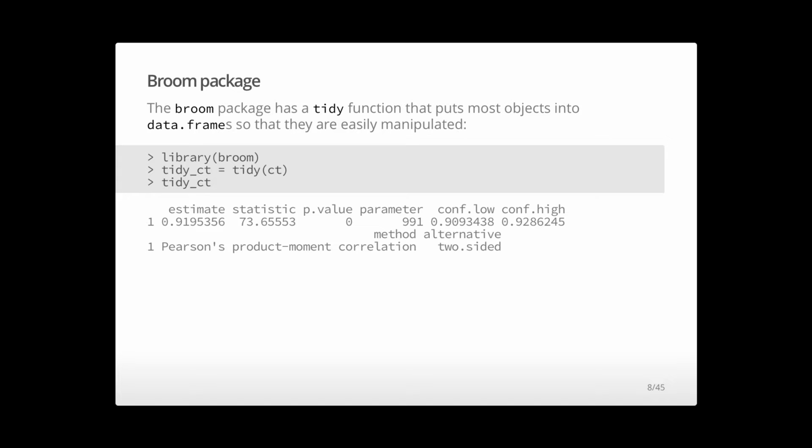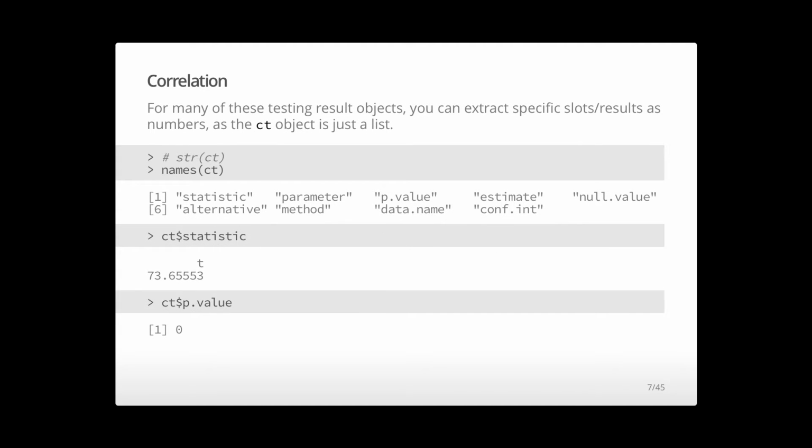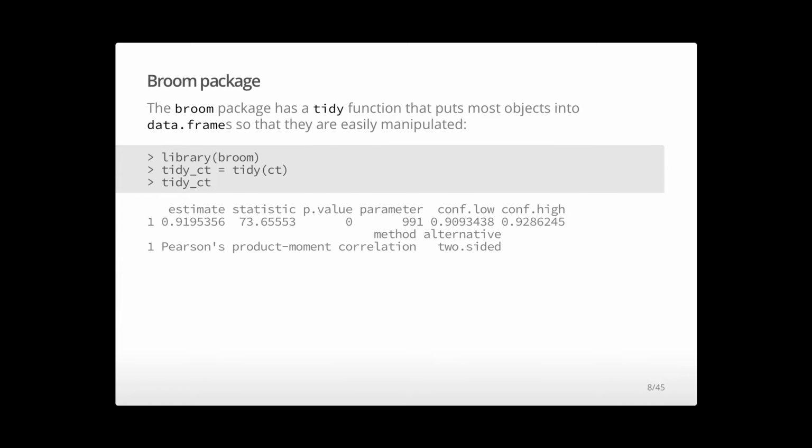So tidy will take outputs of tests or models and put them into data frames in a usable way. So again, CT $ statistic is fine. But if you say tidy on that object, it'll give it back as a data frame. Let's say you do a bunch of these tests and you tidy them up and then you start rbinding them together.